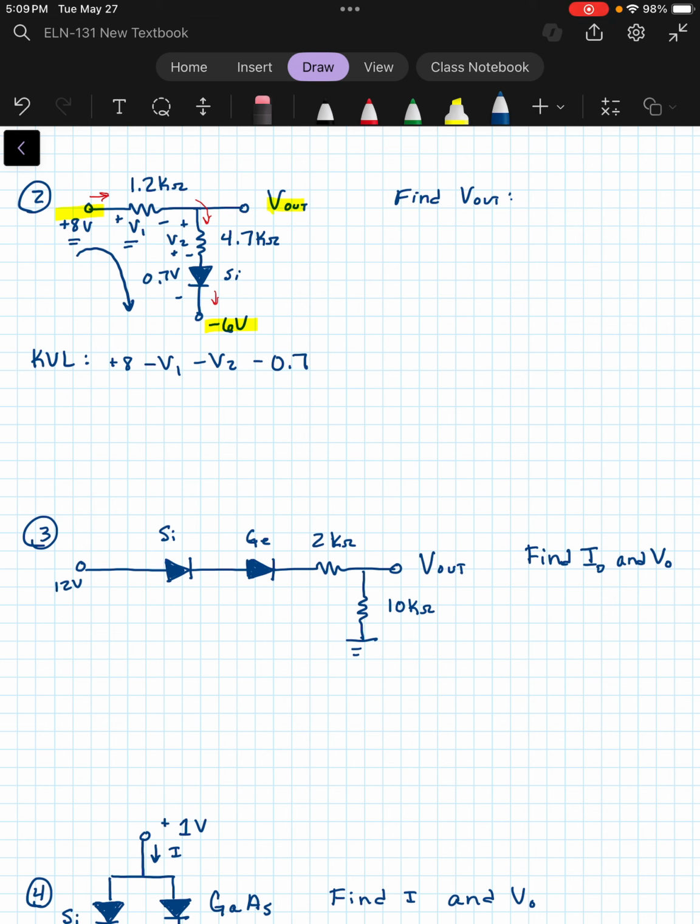And then when we get down to this minus 6, it looks something like this if we looked at the source in there. So to get to ground, we're essentially adding 6 volts there, and that equals 0.